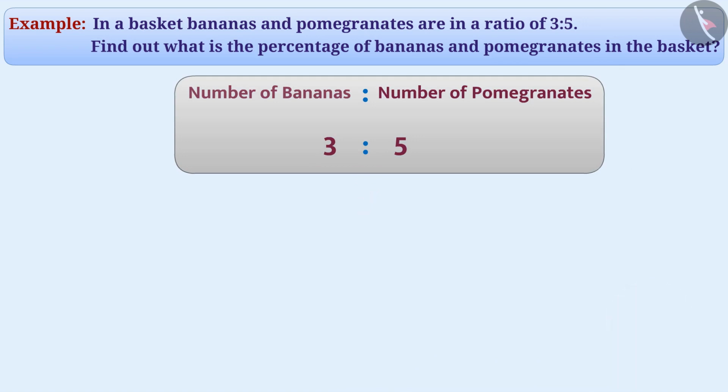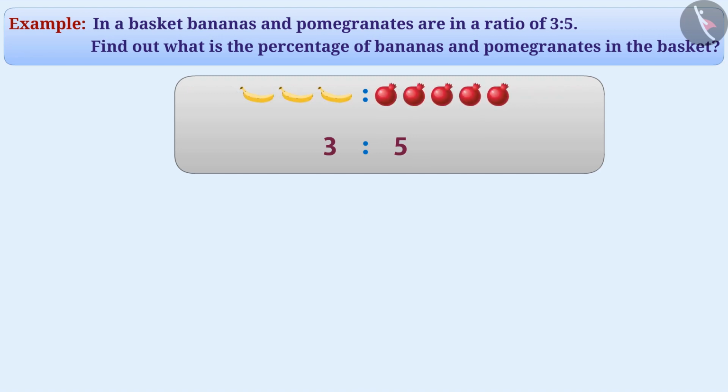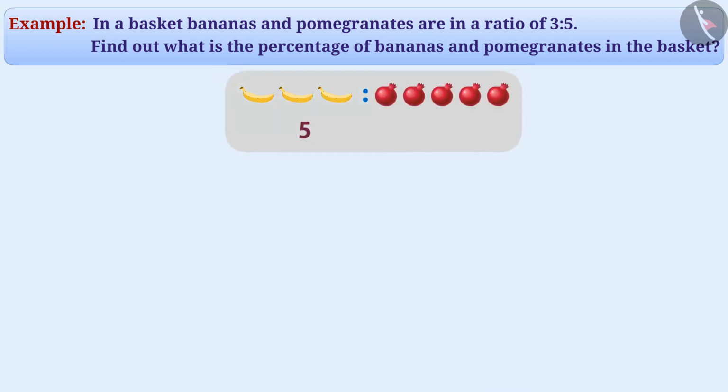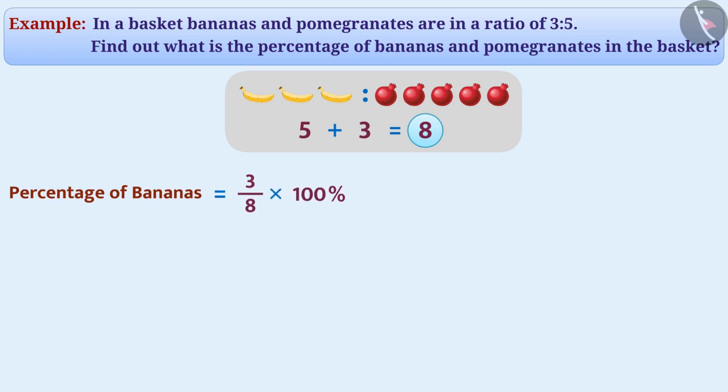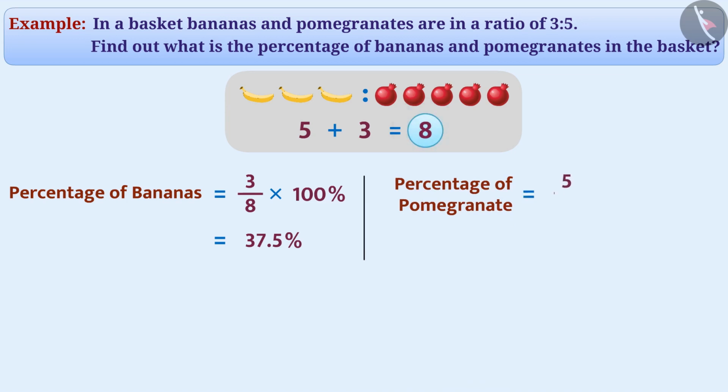Absolutely right. Here there are 3 bananas compared to each 5 pomegranates. In this way, we say that there are 5 pomegranates and 3 bananas compared to every 5 plus 3, which is equal to 8 fruits. In this way, the percentage of bananas in 8 fruits is 3 by 8 multiplied by 100%, which is equal to 37.5%, and the percentage of pomegranates in 8 fruits is 5 by 8 multiplied by 100%, which is equal to 62.5%.